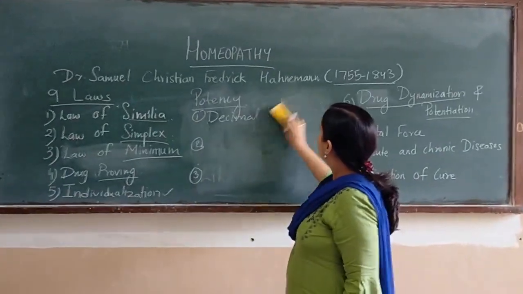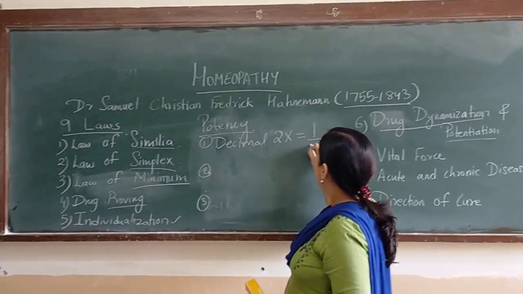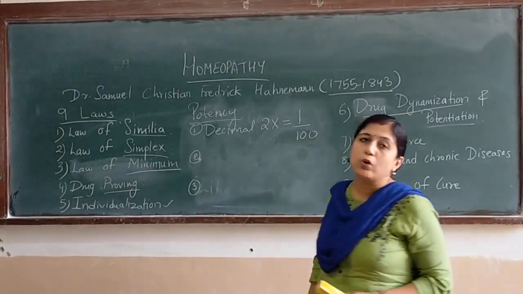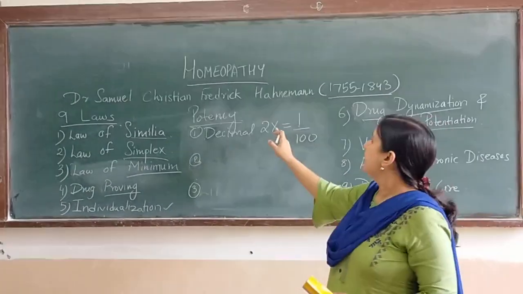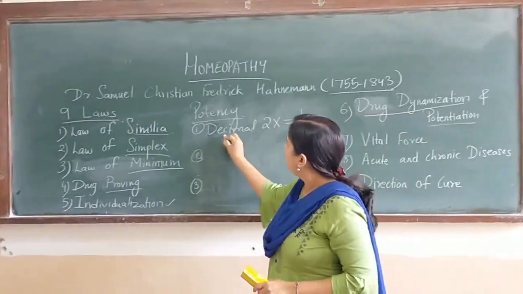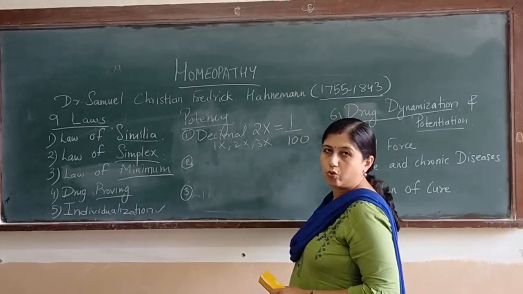If I make it 2X, it means 1/10 of the 1/10 solution, which becomes 1/100. If it is 3X, it becomes 1/1000 and so on. So it can be denoted as 1X, 2X, 3X and so on.